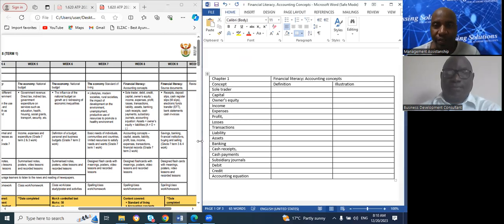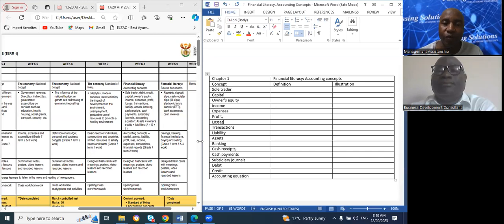In today's session, our business development consultant is going to take us through the process of extracting content from the annual teaching plan provided by the Department of Education, which is a program of the topics that the teachers and students are supposed to be assessed on by the end of that educational year.